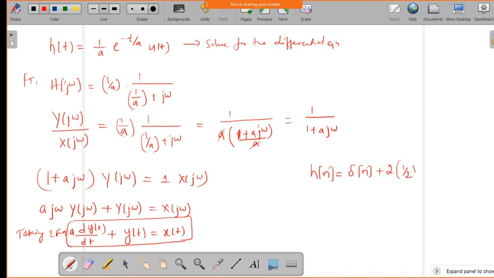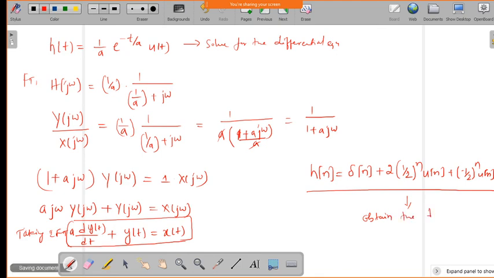The h of n given is delta of n plus 2 into half power n into u of n plus minus half power n into u of n. Obtain the difference equation for the impulse response which is given. Try it and tell me, and if you don't get it, I will solve this also.